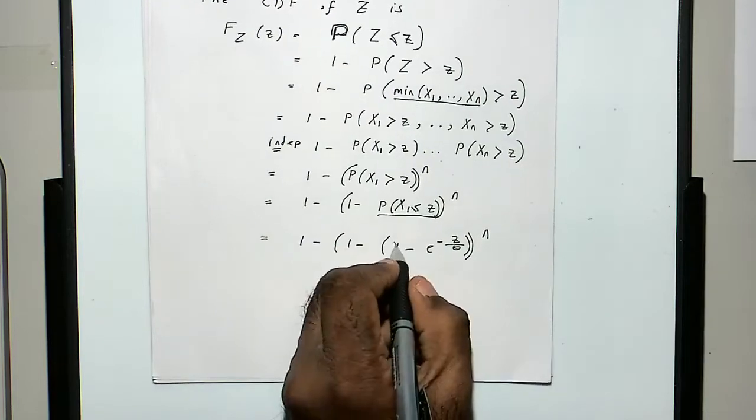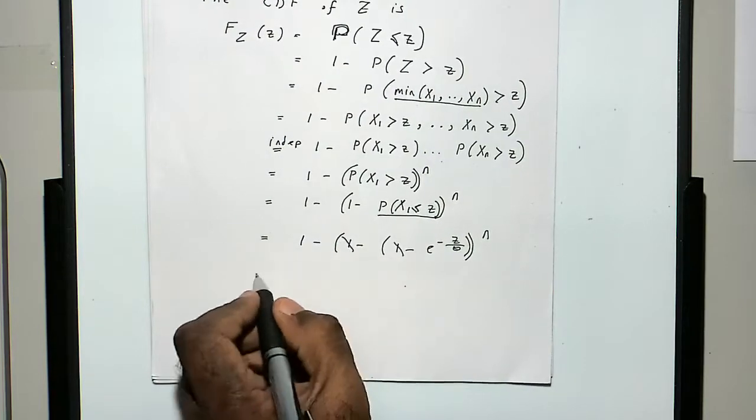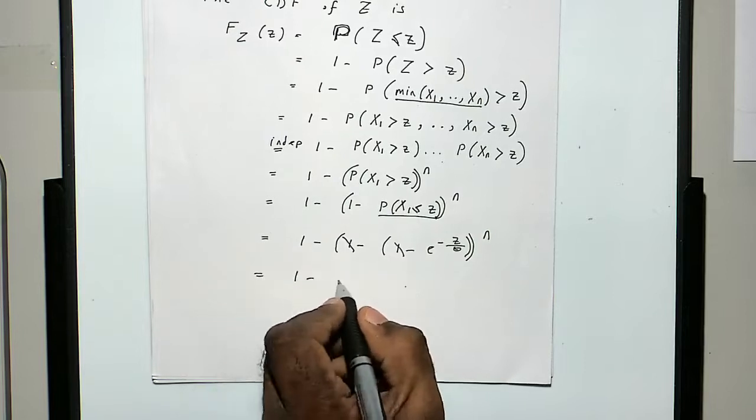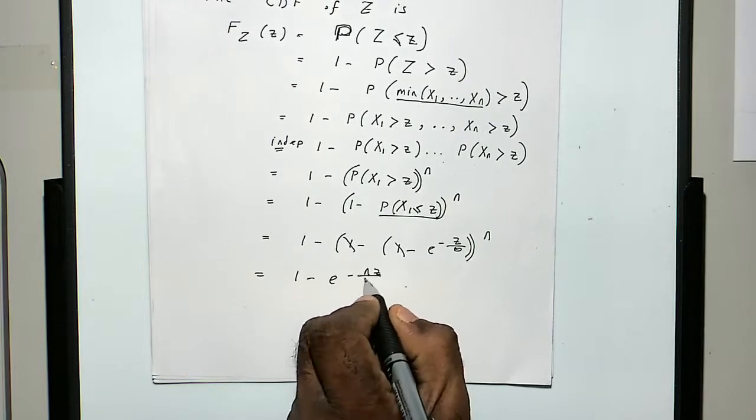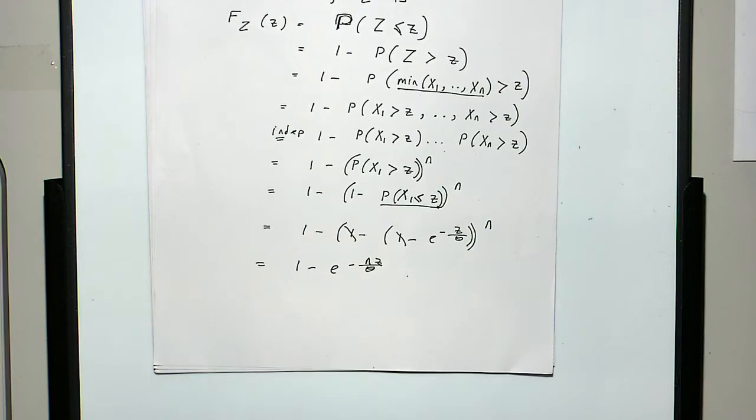So the 1 here and the 1 here will cancel. What you get is 1 minus, to the power n, with exponent nz divided by theta. All right. So this is the CDF of Z.